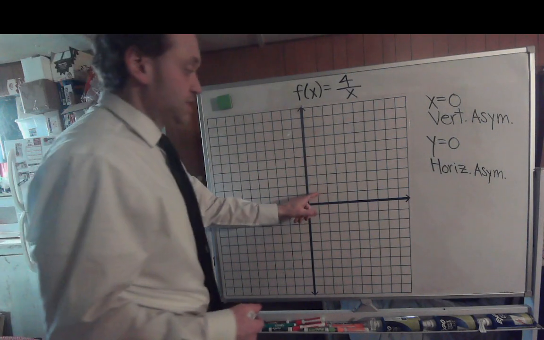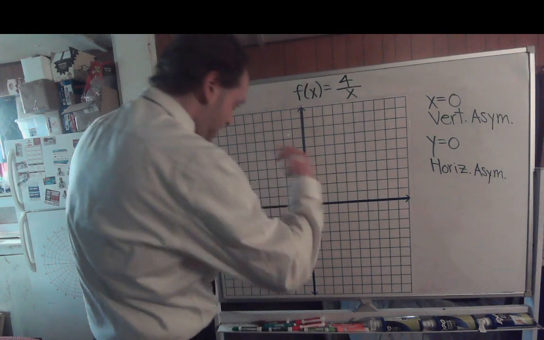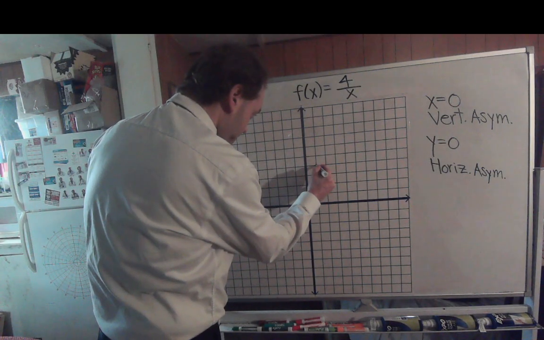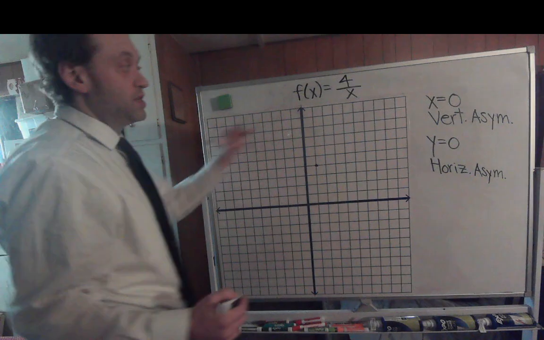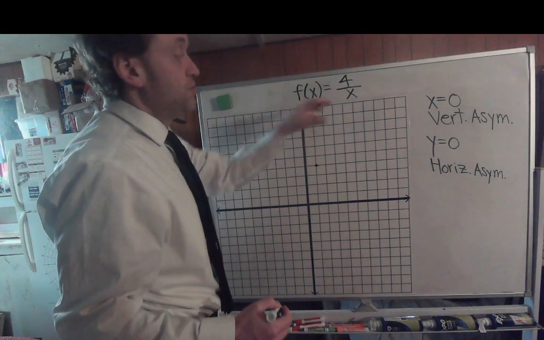So let's go ahead and put this together. What about when x is 1? Well, 4 divided by 1 is 4, so you'll get a y value all the way up to 4. Okay, what about when x is 2? So 4 divided by 2 is what? That's going to be 2.